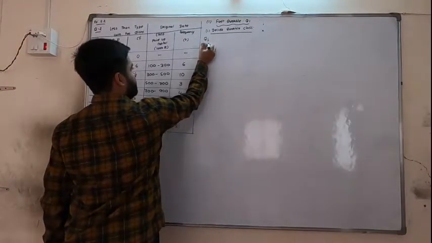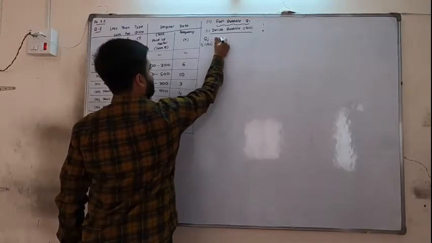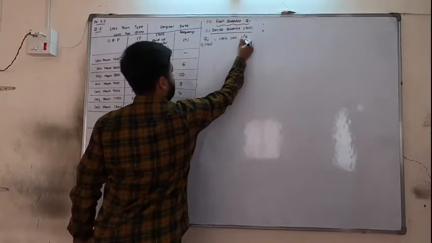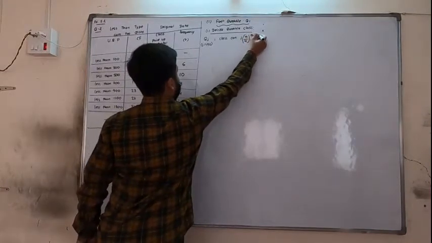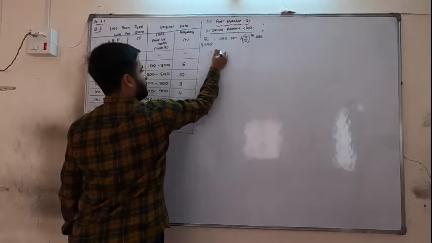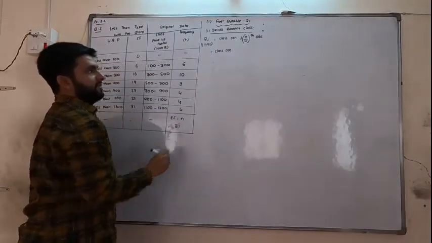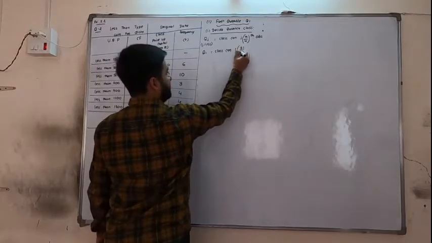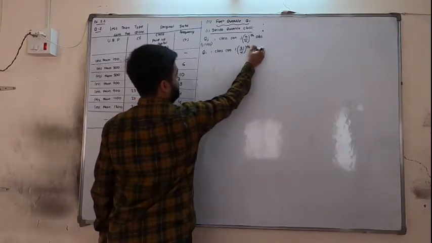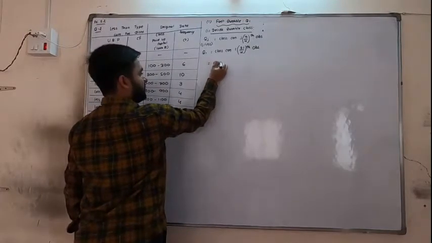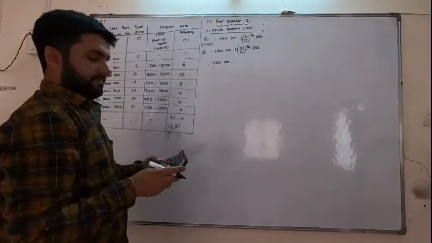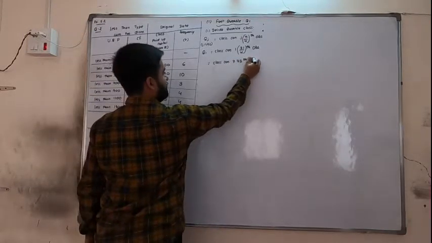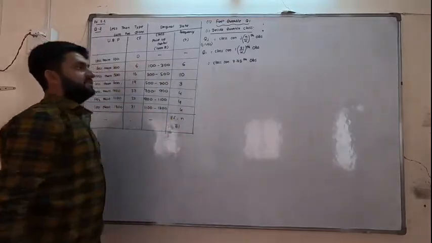Qj, where j is 1, 2, 3, is the class containing the j n by 4th observation. We need Q1 here, so j will be 1 and n is 31, so the class containing the 31 divided by 4, that is the 7.75th observation.